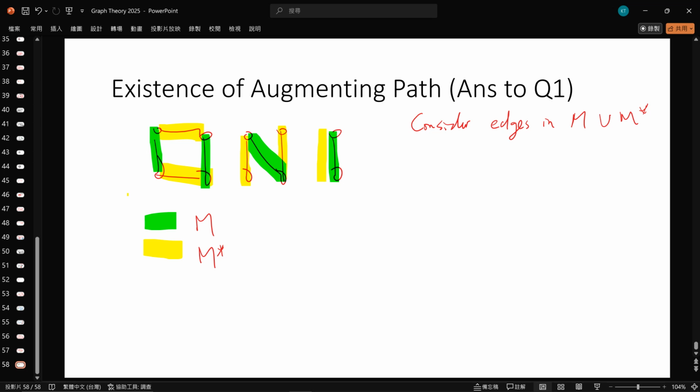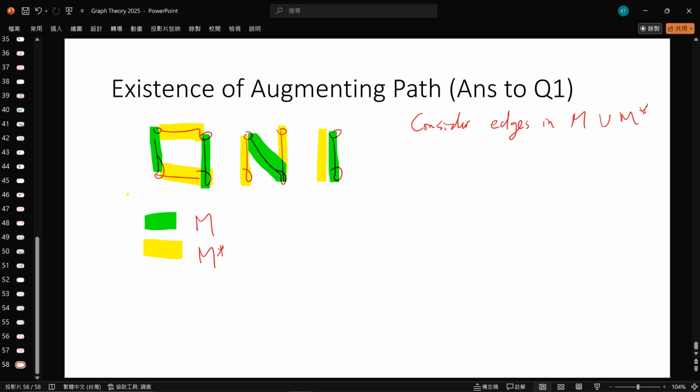That is also possible. So we want to find an M augmenting path by just looking at their union. First of all, we can ignore edges like this, edges that are shared by both matchings.